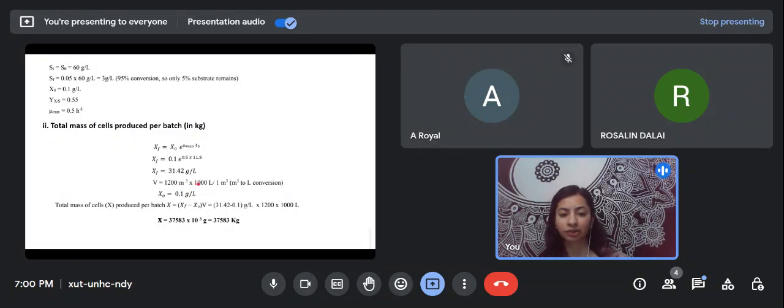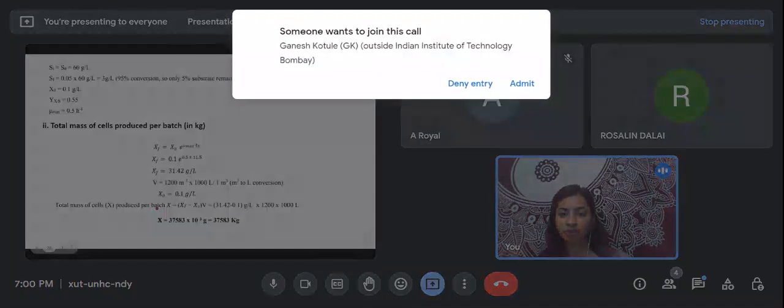You will have to multiply it by 1,000 to get the conversion of the volume from meter cube to liter. Okay, so the total mass of cell produced.